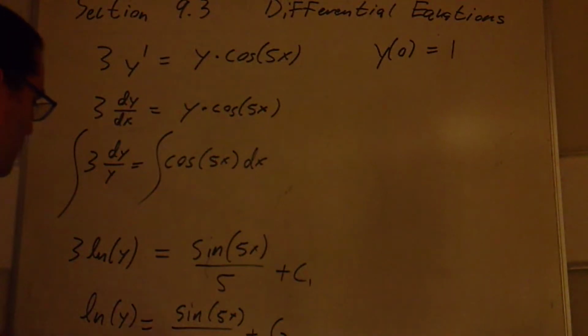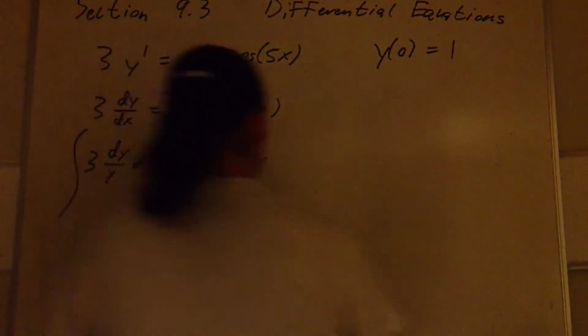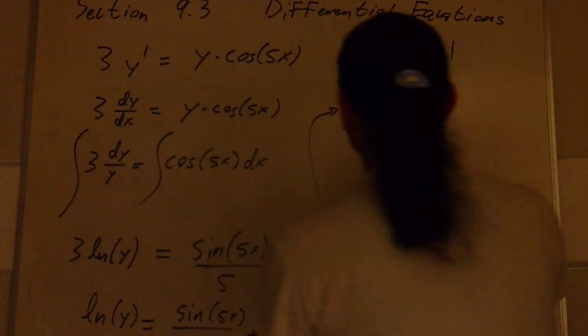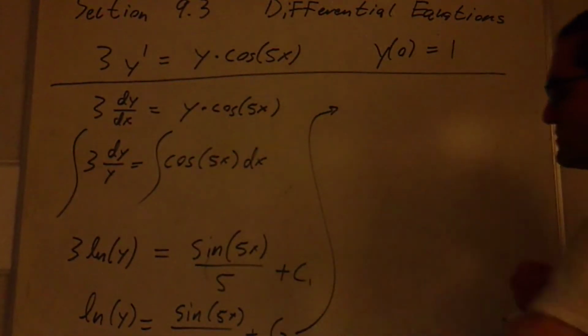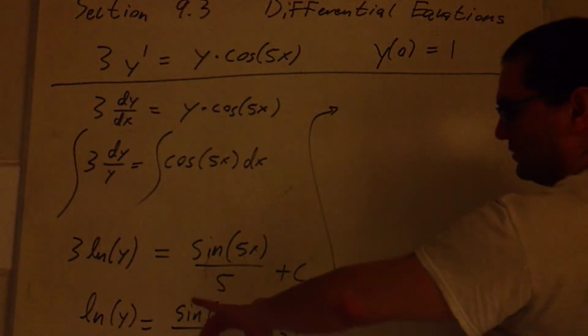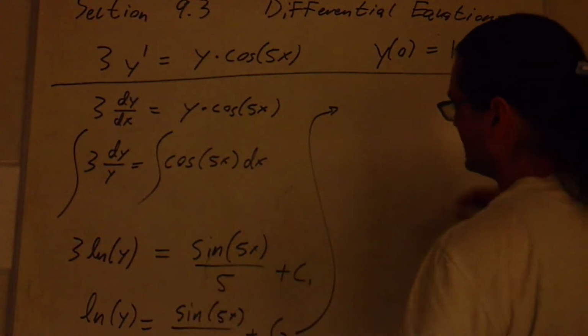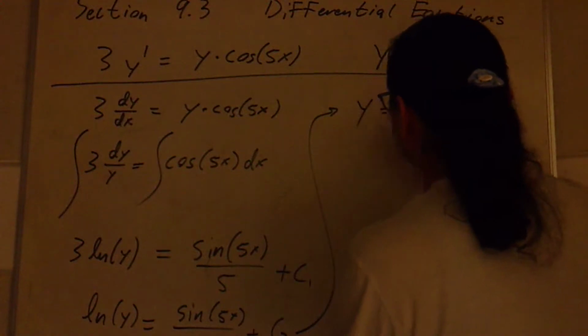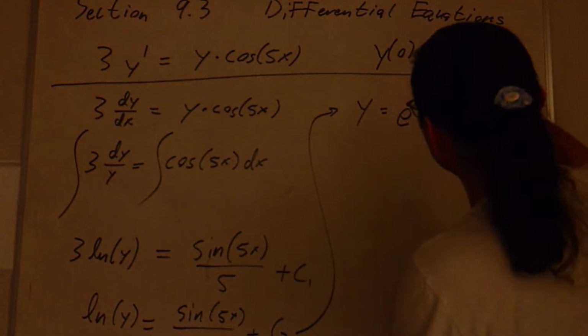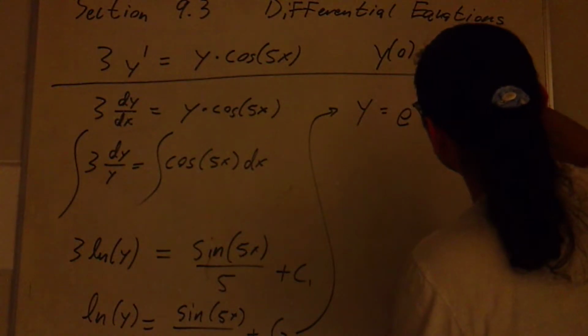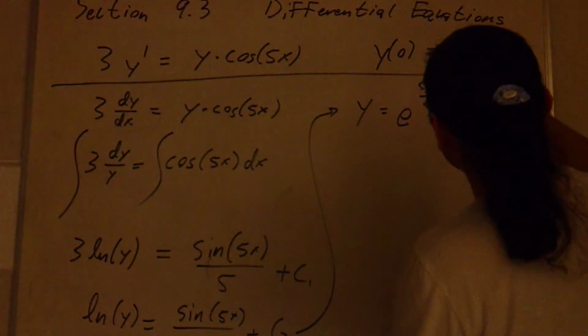So, one more step here. I need to see what happens. This is the problem. I'll underline that. I need to get rid of the natural log by taking both sides as exponents on top of e. So this is e raised to the sine of 5x over 15 plus c2.